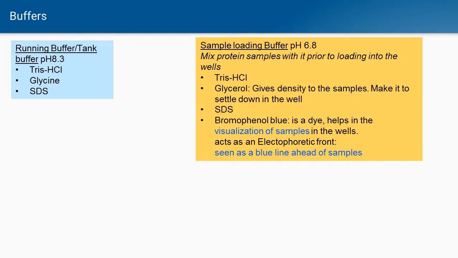Second thing is it denatures proteins, secondary, tertiary, and quaternary structure, by interrupting the non-covalent interactions. Bromophenol blue is a dye which helps in visualization of the sample in the wells. It gives blue color and it acts as an electrophoretic front, seen as a blue line moving ahead of the samples. So these are the roles of different constituents that we are using in the buffer system.